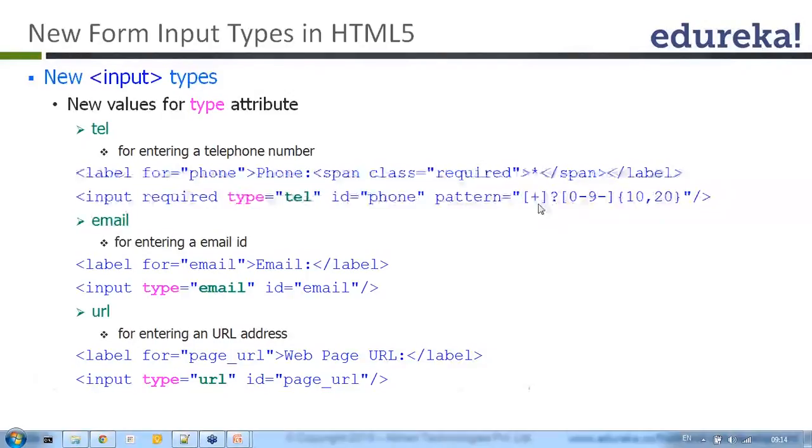Most probably the implementers of the browsers may not do the automatic validation. One reason is that telephone numbers differ from country to country, right? So that's the reason they may choose to not implement it. In such a case, you can specify it using this pattern.